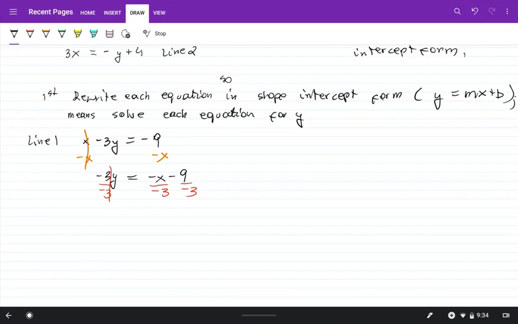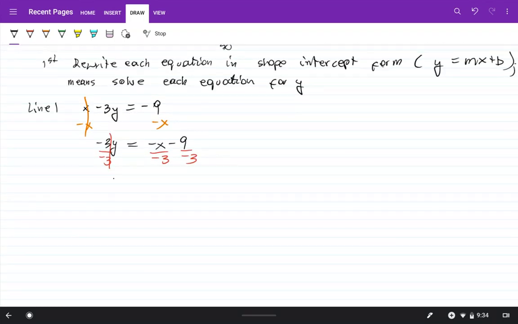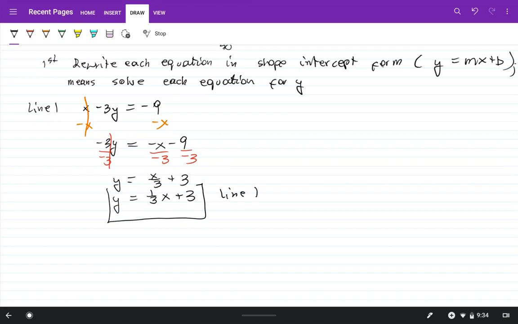Two negatives give you a positive. So we have x over 3 plus 3, and that x over 3 we can rewrite as 1 over 3x plus 3. So this is line 1. And since I have line 1 in slope-intercept form, I know that the slope of the first line is equal to positive 1 over 3.